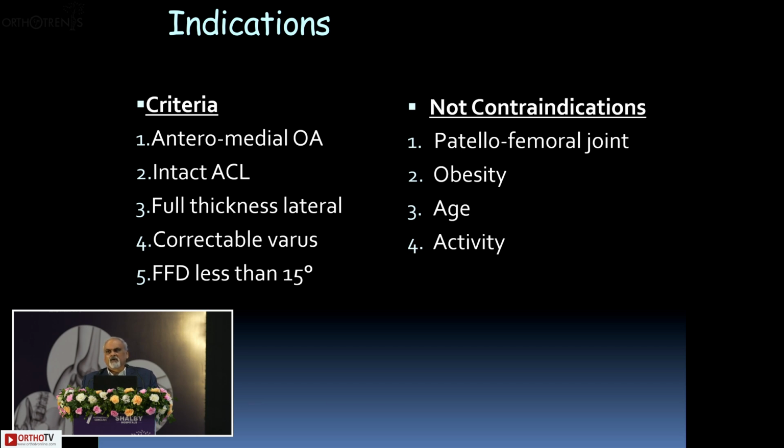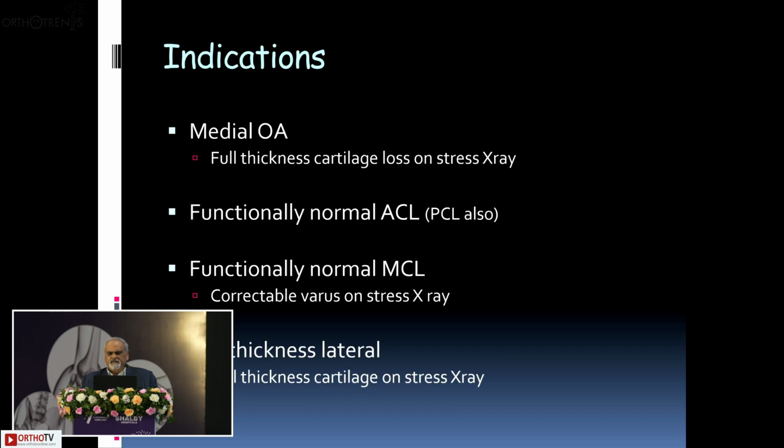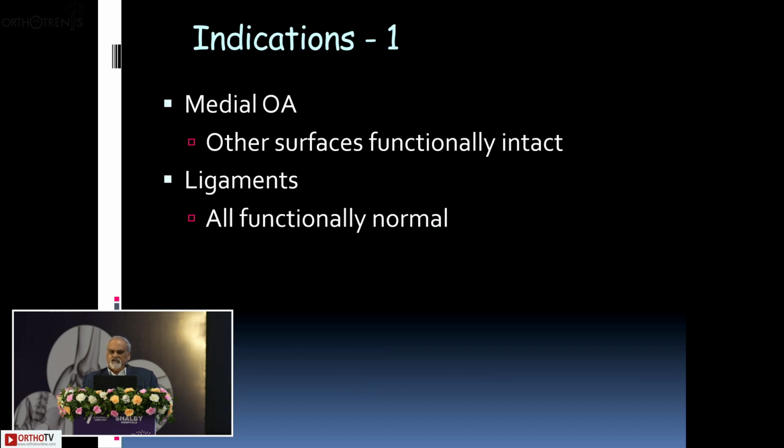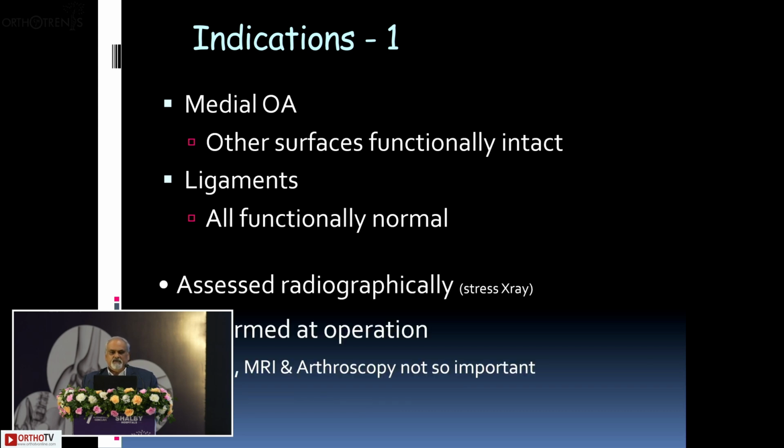Obesity, age, and activity also are no longer considered contraindications, but over a period of time they have been better defined, in the sense that obesity and age are now relative contraindications. If you are doing a fixed bearing, a BMI of more than 30 might not be that conducive to a long-term good result, but age is definitely not a contraindication.